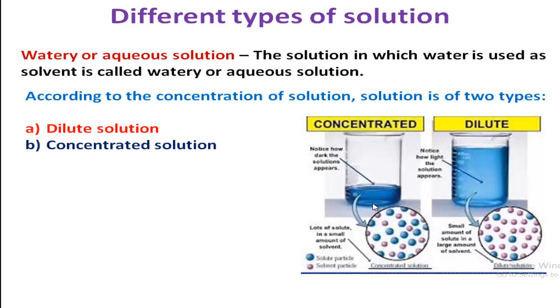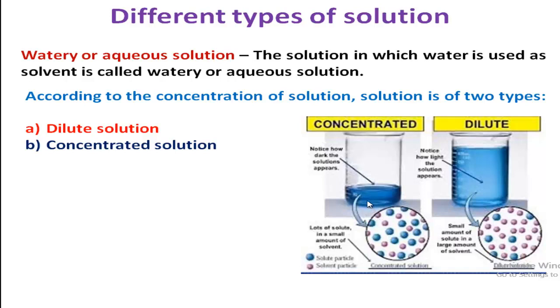Actually, when the amount of solute particles is comparatively more in solvent, then that solution is called concentrated solution. And when the amount of solute is comparatively less, that solution is called dilute solution.